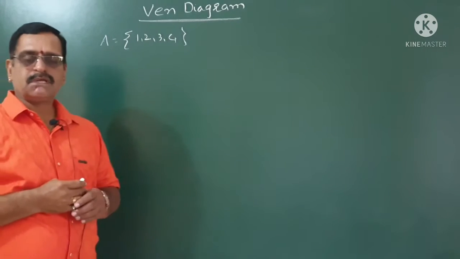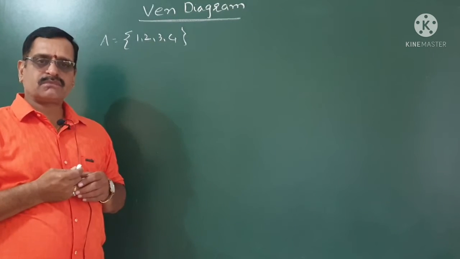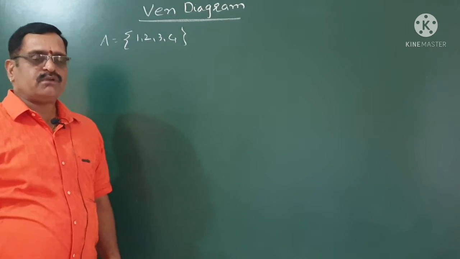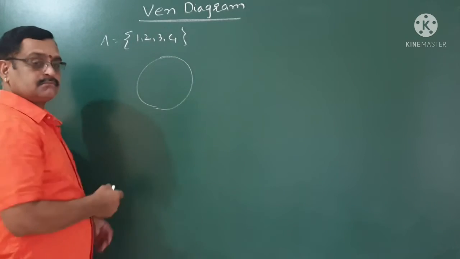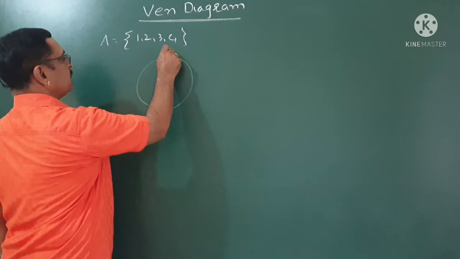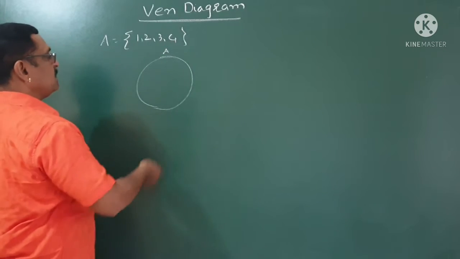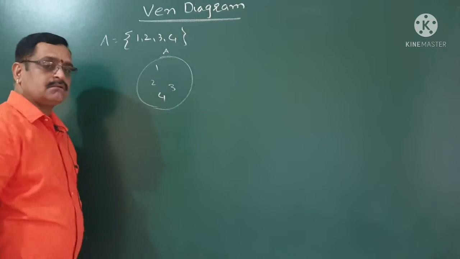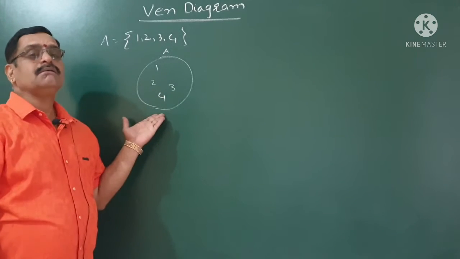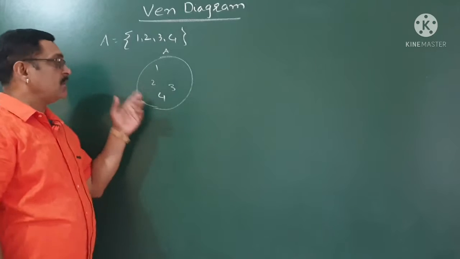This is roster form. In Venn diagram, simply we draw a circle, name it as A, and inside we write all the elements. That's all. So this is the Venn diagram representation of the same set.